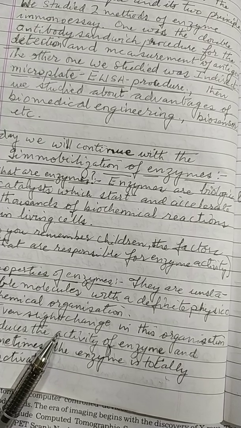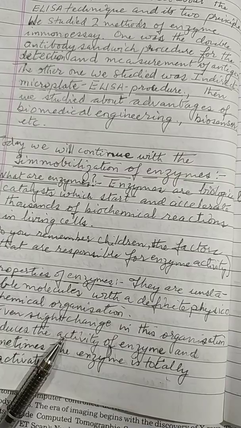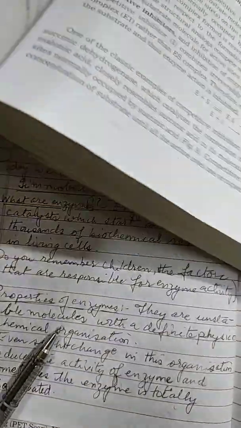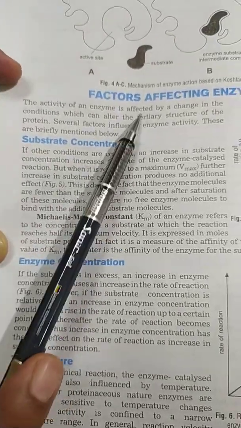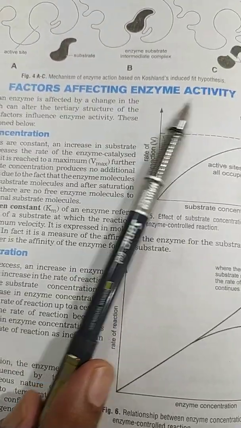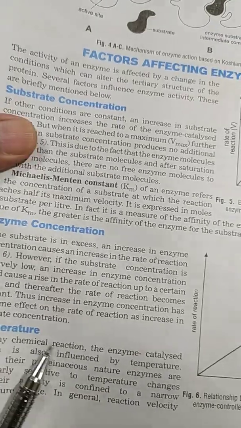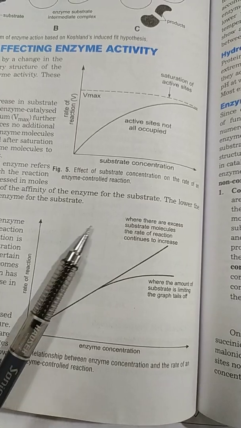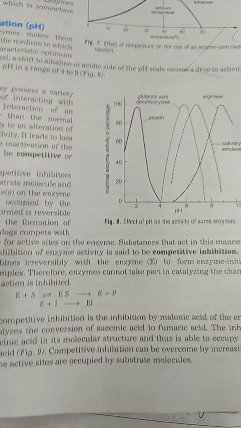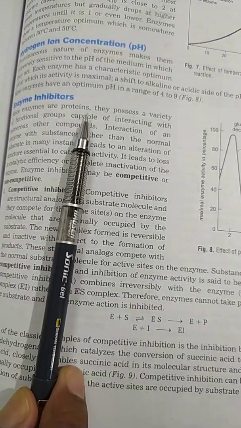If you remember, we had studied several factors that affect enzyme activity, and temperature was one of them. We studied substrate concentration, enzyme concentration, and temperature. In class 11th, in the enzyme chapter, we saw how enzymes are affected, and how enzyme inhibitors work.